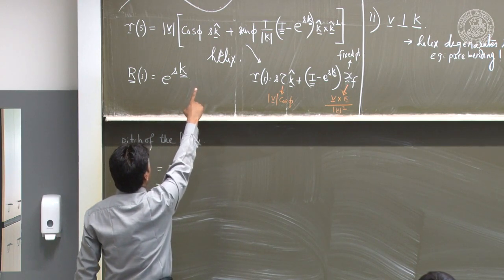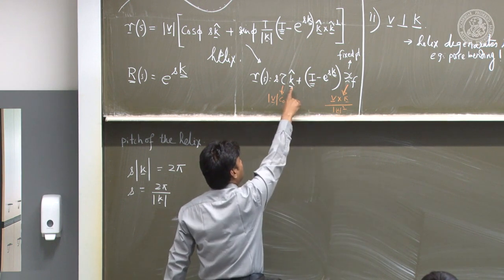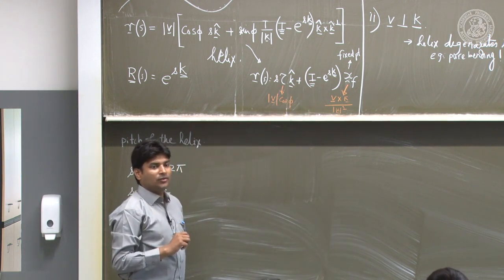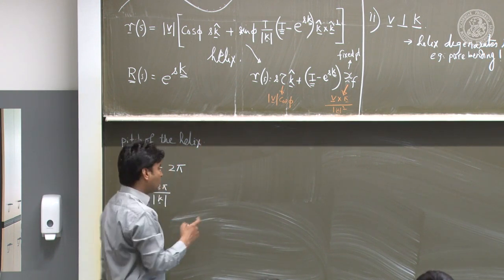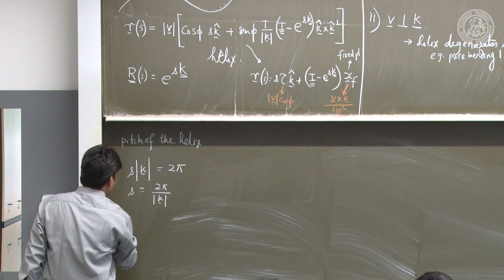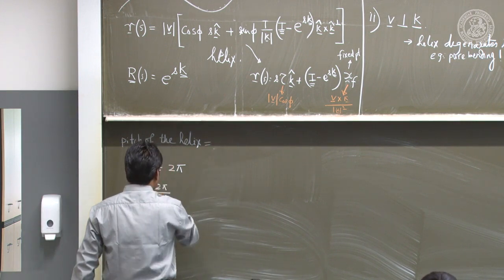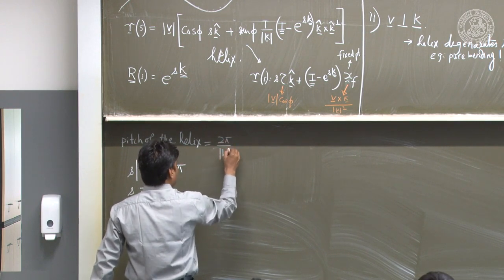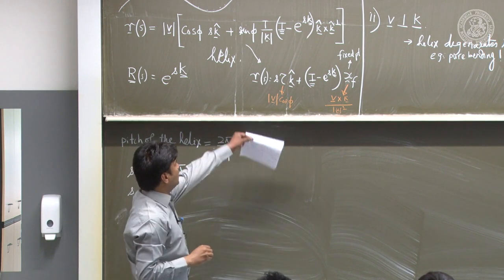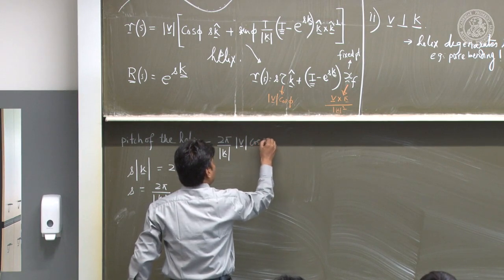So you then plug in your S over there and you see how much it moves along the k axis. So the translation is S times tau. So what is the pitch of the helix? The pitch of the helix is simply this S, which is 2 pi over the magnitude of k, times tau, and tau is this phi cos phi.